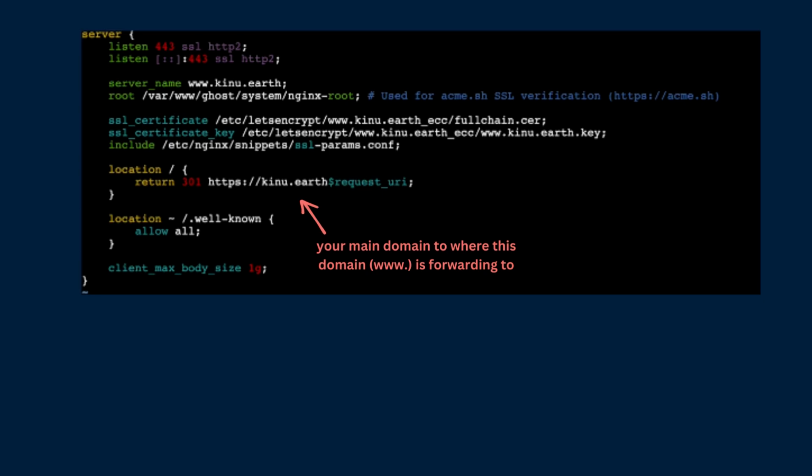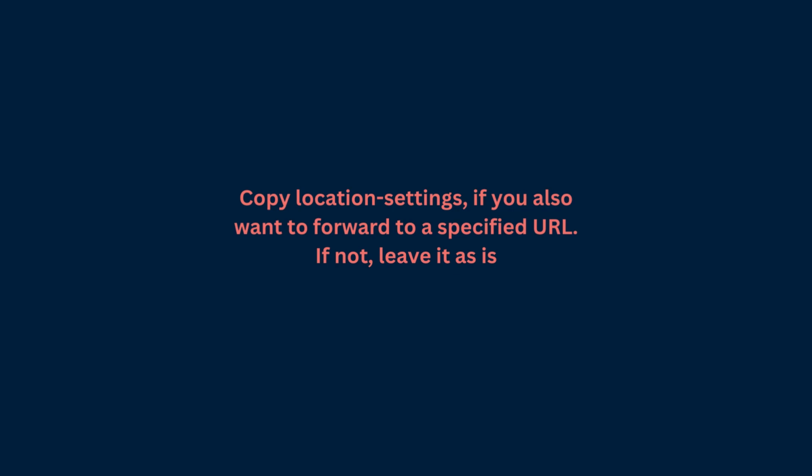Also make sure the $request_uri is there, which is helpful so that the URL ending, let's say for example post-1, also gets forwarded accordingly. If you want the same settings, you can delete all other rows that are inserted there at the first location.